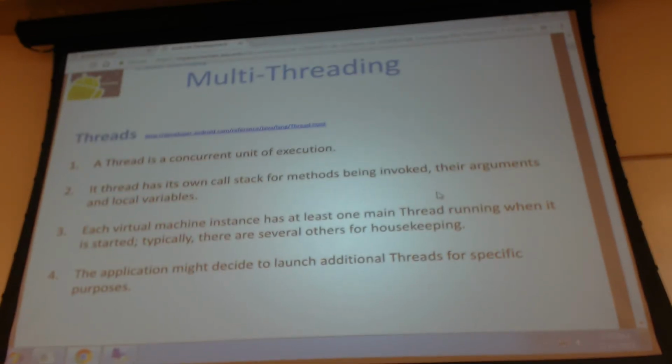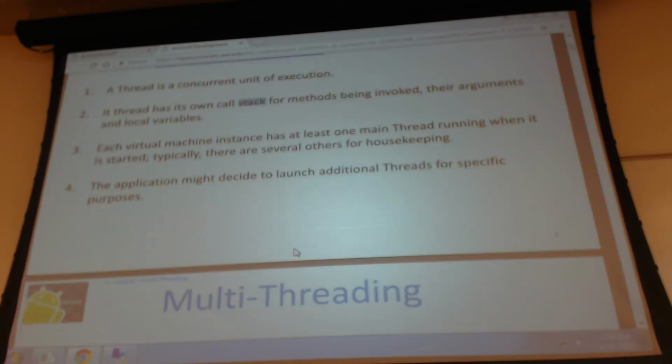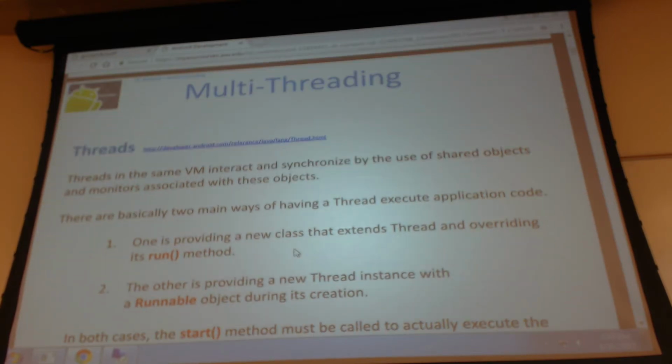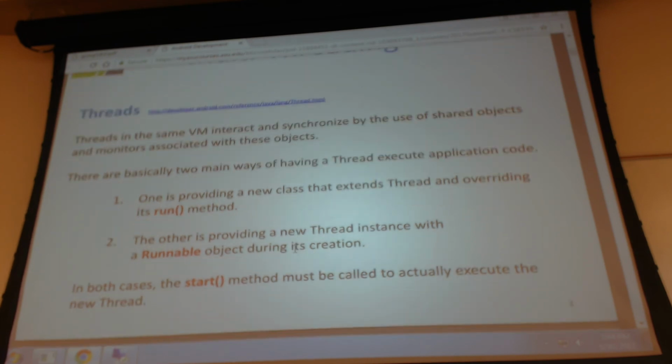We have already discussed some of the things that are in the slide. A thread is a concurrent unit of execution. It has its own call stack for different things involved, so the stack is private. Now here we go into coding.